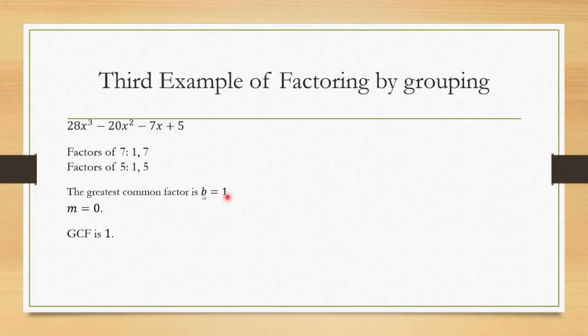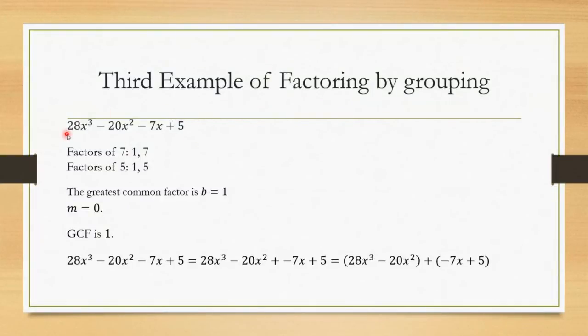B is 1 because the greatest common factor of the numbers is 1. So the GCF of this is 1, and we don't take anything out. So what we do in factor by grouping is we're going to form 2 groups of 2.